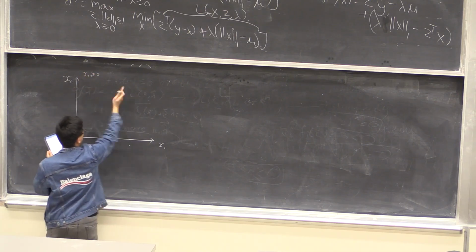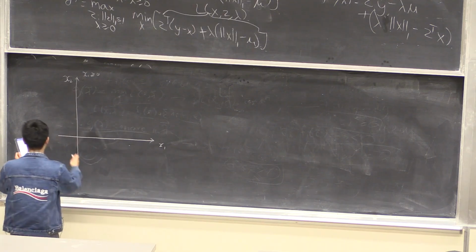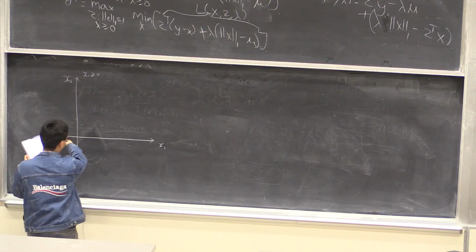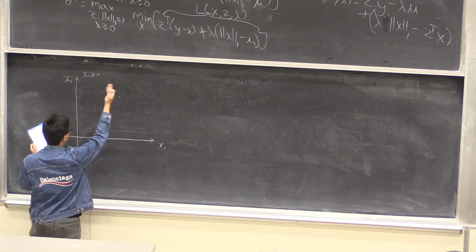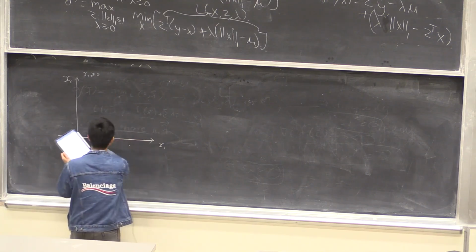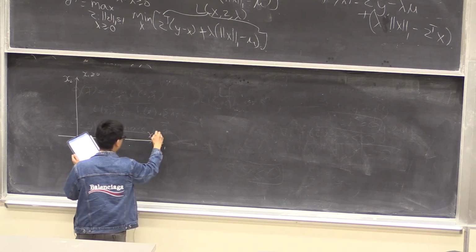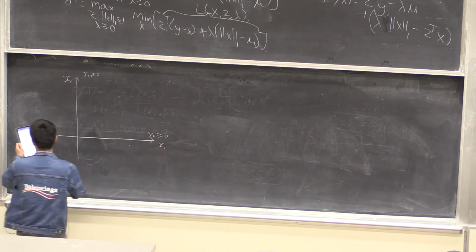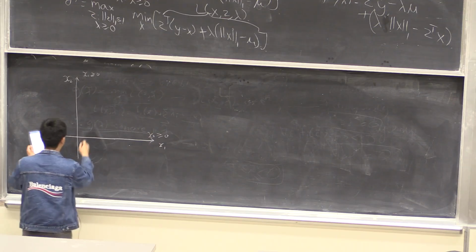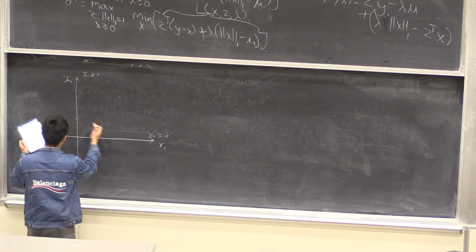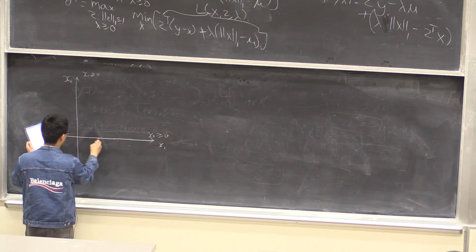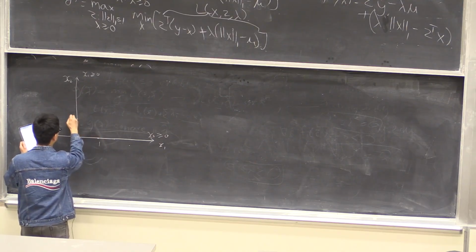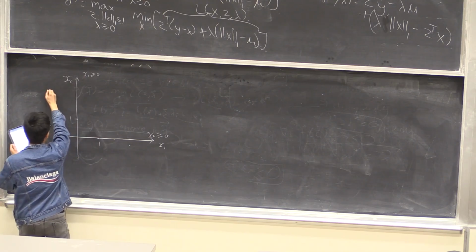And x2 greater than 0 is everything up from this axis. Now the third one is 1 minus x1 minus x2. So we just plot this constraint, 1, 1.